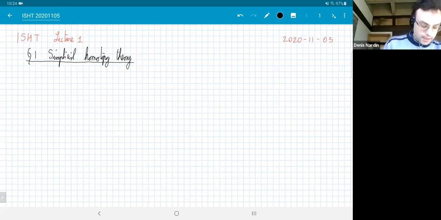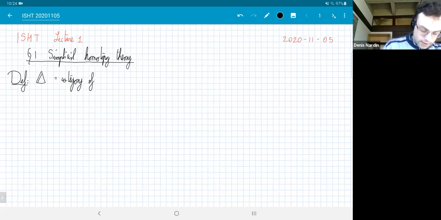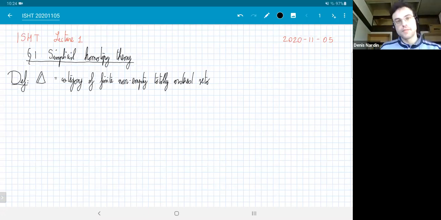So, okay, we start with the following category, Delta, which is the category of finite non-empty totally ordered sets, or finite non-empty posets.